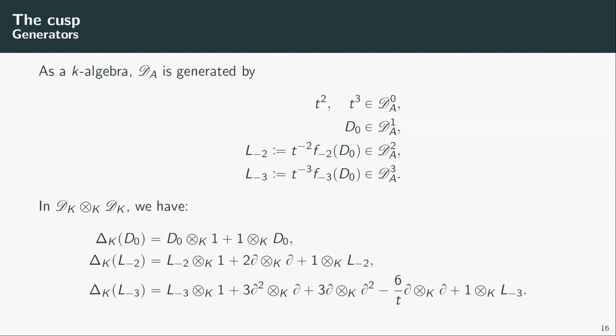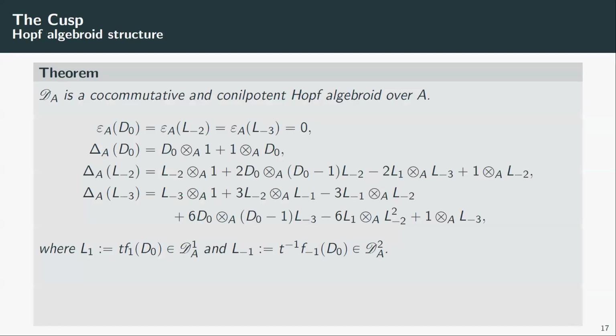I will now show how the comultiplication looks. The co-unit is just evaluation at 1, and it gives 0. For example, for L-2, we had partial tensor partial, and it now becomes this complicated tensor product, and similarly for L-3.